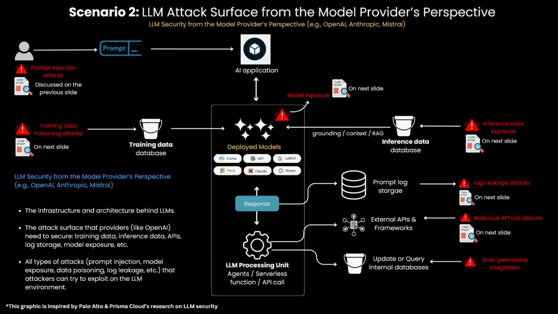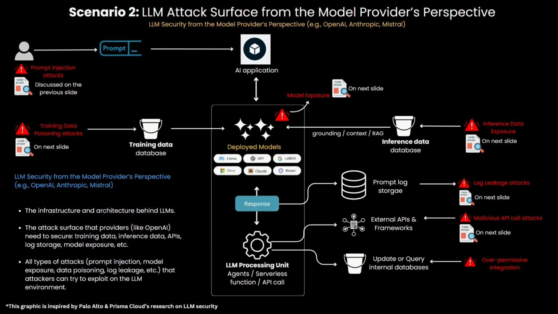On this slide now, we are looking at the attack surface from the LLM model provider's perspective. Platforms like OpenAI, Anthropic, and Mistral that build and host these powerful language models. If you recall from section 2, we dissected the internal anatomy of an LLM system across 5 layers: application layer, integration layer, LLM processing unit layer, AI model layer, and infrastructure operations layer.